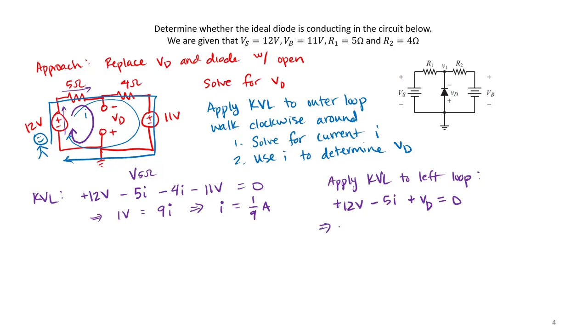So therefore I can say plus 12 volts minus 5/9 plus VD will be 0. And then if I go ahead and solve, I can determine that VD will actually be equal to approximately negative 11.44 volts.